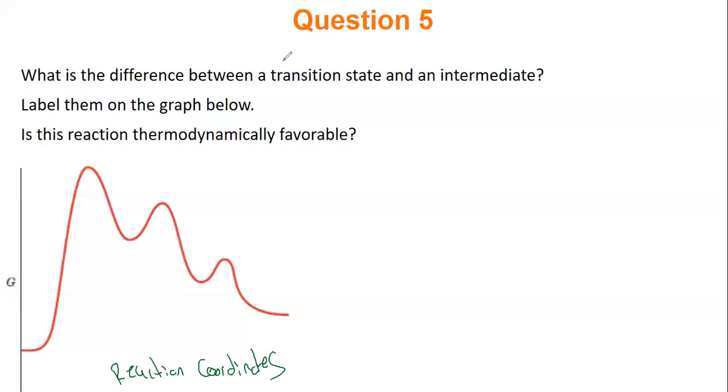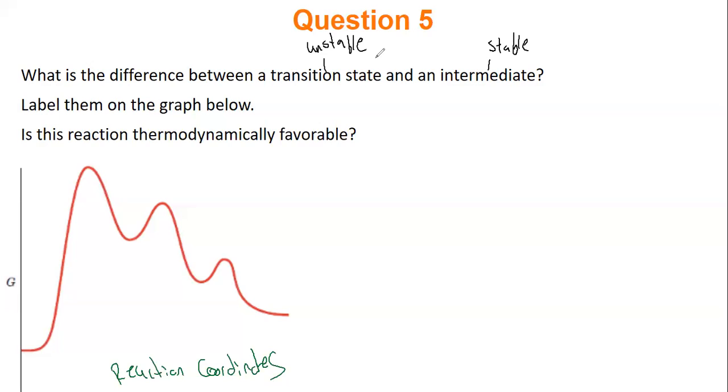All right, so hopefully you thought about this and attempted it. So first off, transition state and intermediate. The simplest way I can explain these is: an intermediate is stable, a transition state is unstable. What I mean by that is that an intermediate can exist on its own outside of the enzyme. It can be floating around. You can measure it.